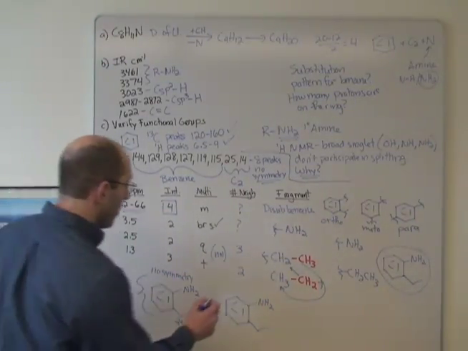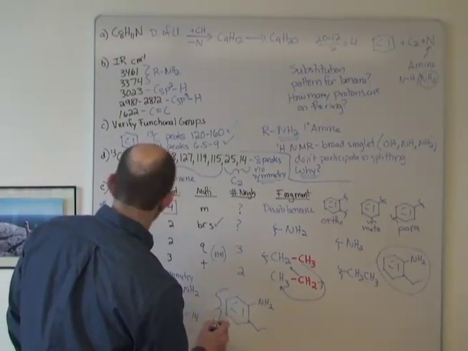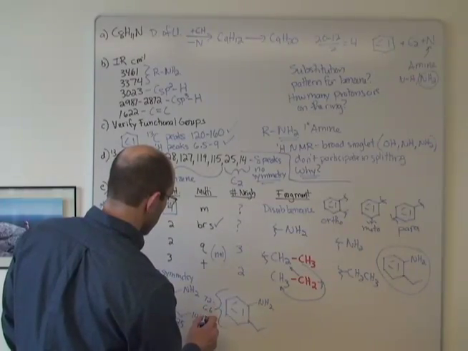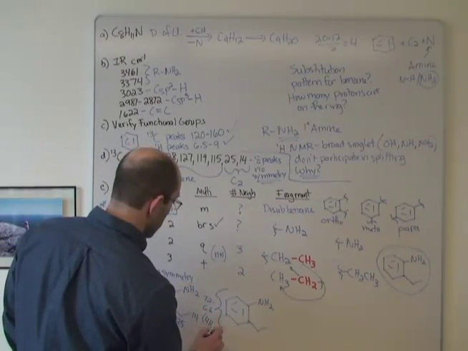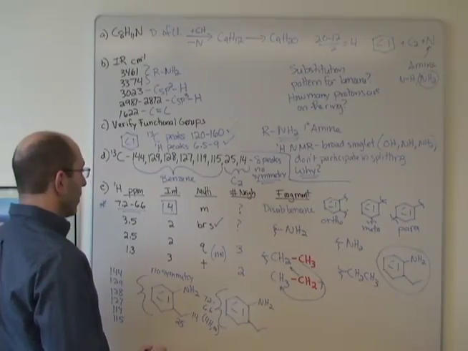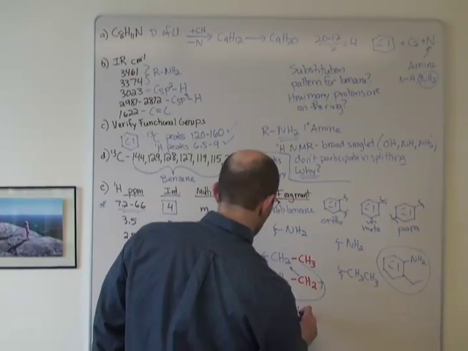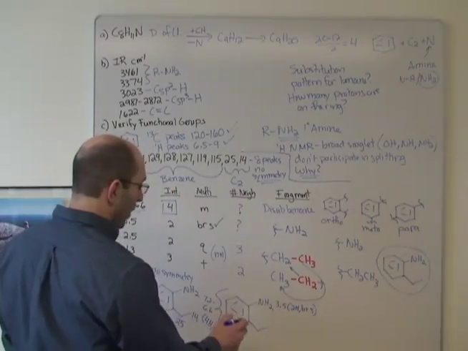The proton NMR, again, is going to be the multiplet from 7.2 to 6.6, and that's going to be our 4H multiplet. We're going to have the amine protons at 3.5, and that's our 2H broad singlet. And then we have the ethyl group.